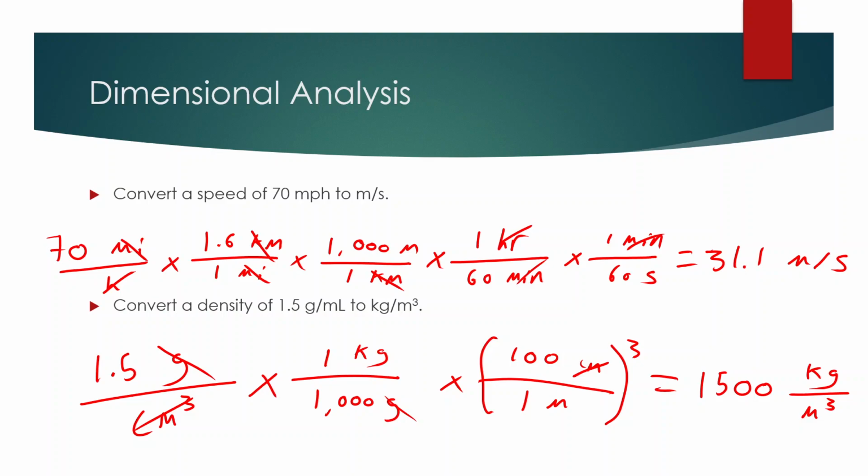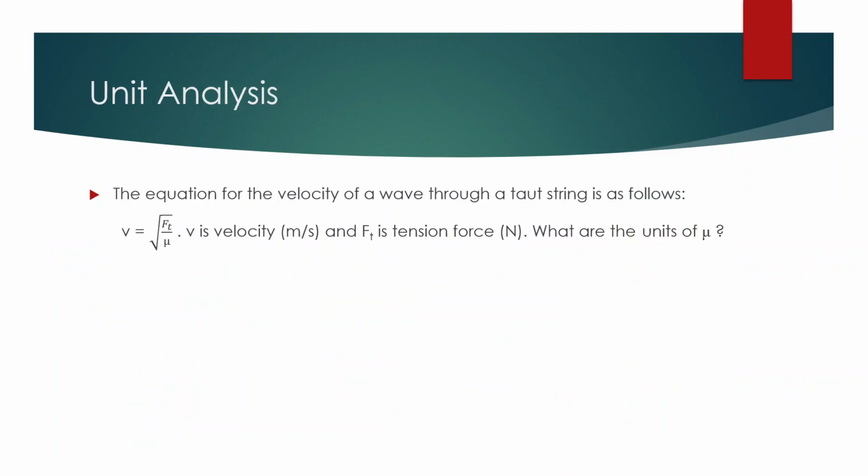So anytime that you are converting between square units, for example, square inches to square centimeters, you would need to square your conversion factor. Cubic centimeters to cubic meters, you will need to cube your conversion factor, etc. Lastly, another important skill that is related to dimensional analysis is just unit analysis, right?